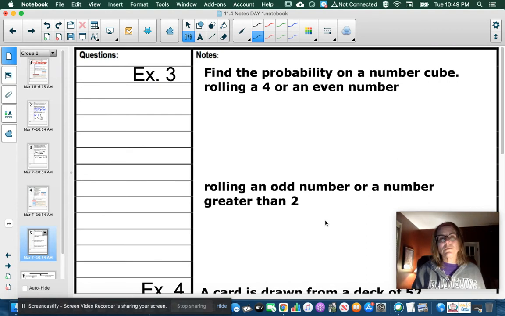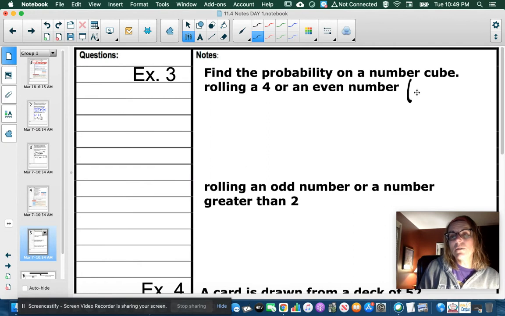Example 3. Find the probability on a number cube of rolling a 4 or an even number. Well, even numbers on a number cube consist of 2, 4, and 6. The 4 occurs in both.